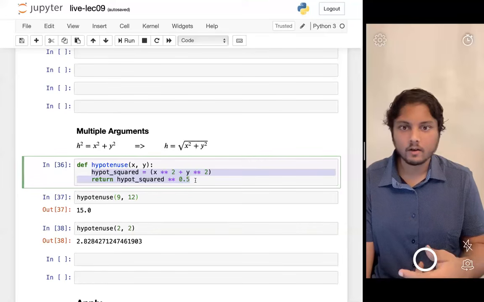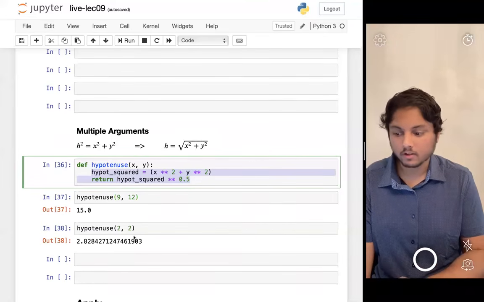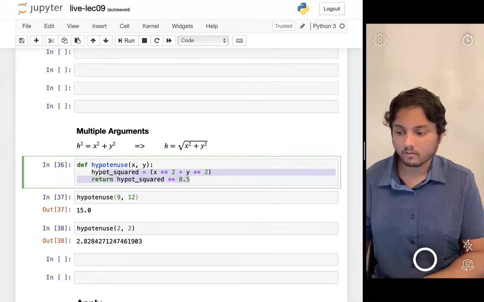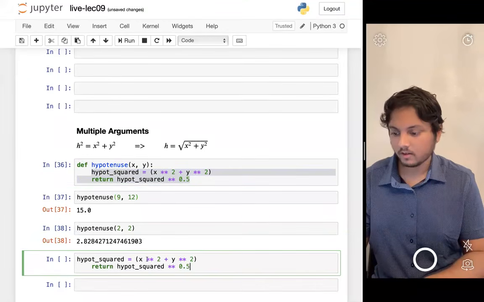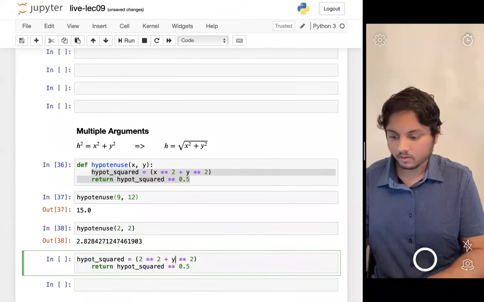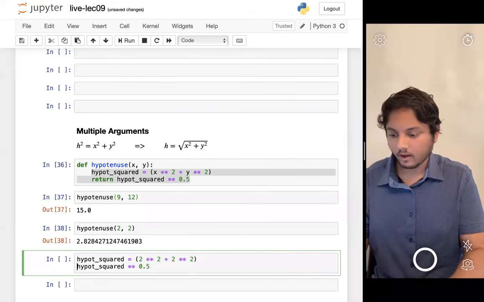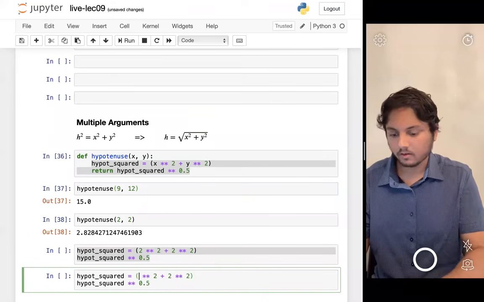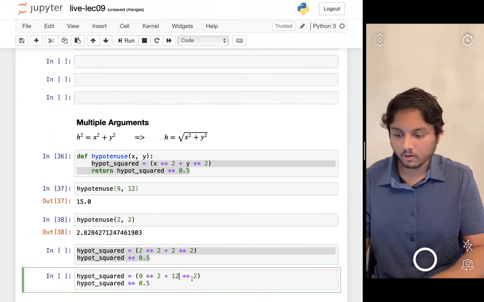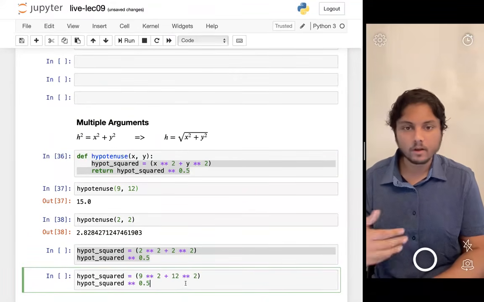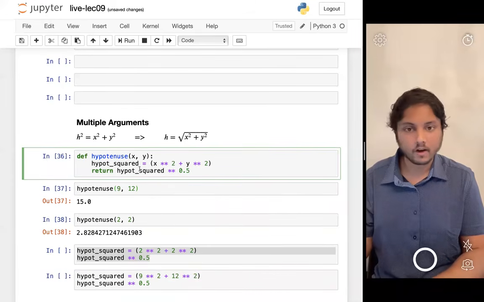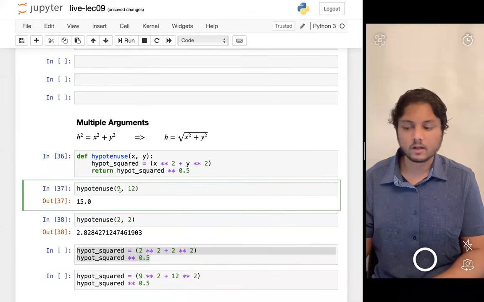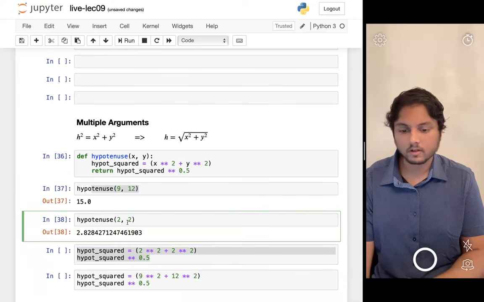If I wanted the hypotenuse of 2 and 2, I wouldn't have to copy paste this and do 2 times 2 and then write it like that. And if I wanted a different set of numbers, I'd have to copy paste it again and do 9 squared plus 12 squared. So instead of copying and pasting the code, I can just define it as a function. And then it's really easy. I can just call that function with just a few lines. So it just makes things simpler.